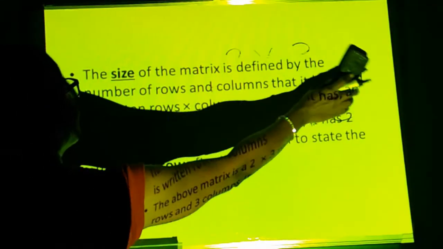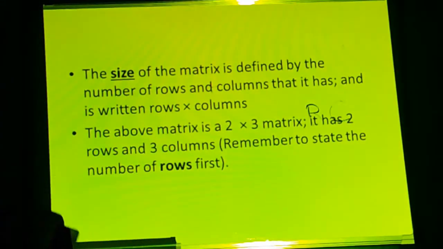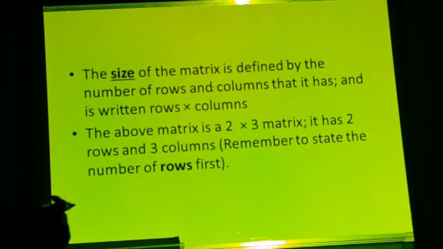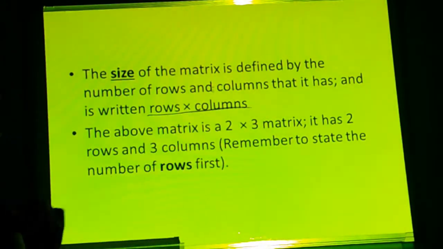The size of the matrix is defined by the number of rows and columns that it has. And again, as we said earlier, it is written rows by columns. The above matrix is a 2 by 3 matrix. It has 2 rows and 3 columns. Remember to state the number of rows first.